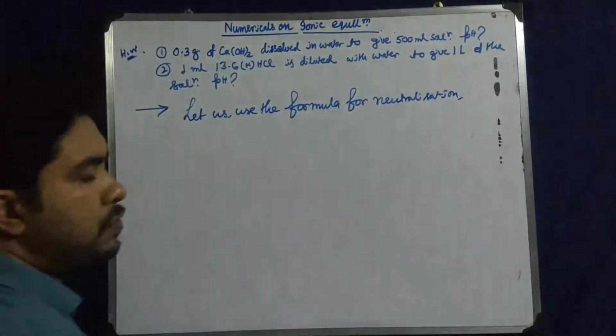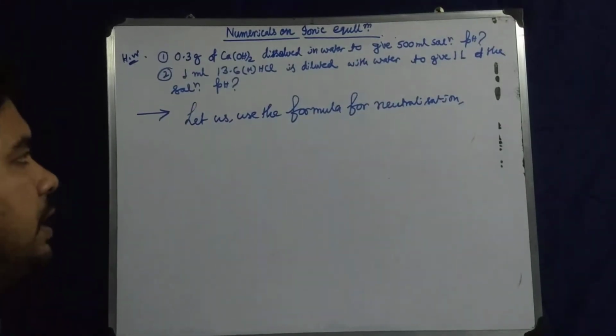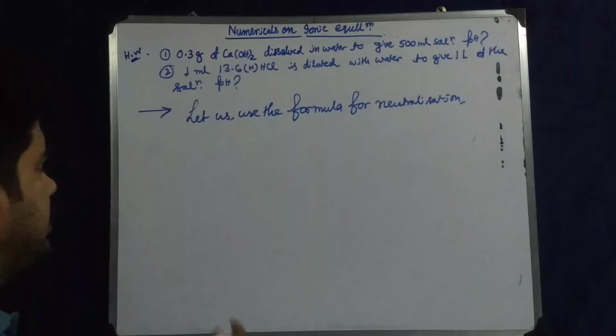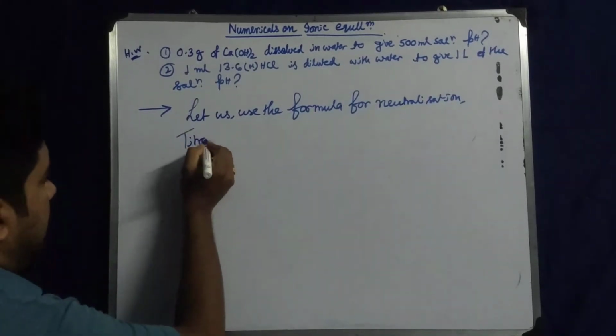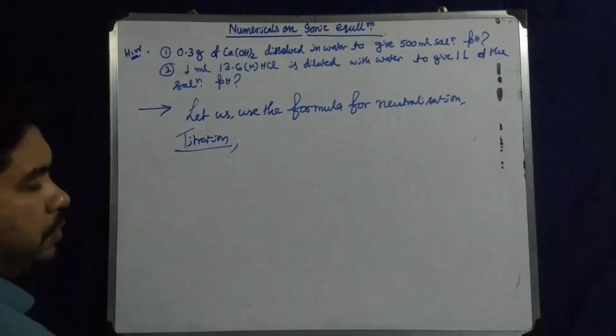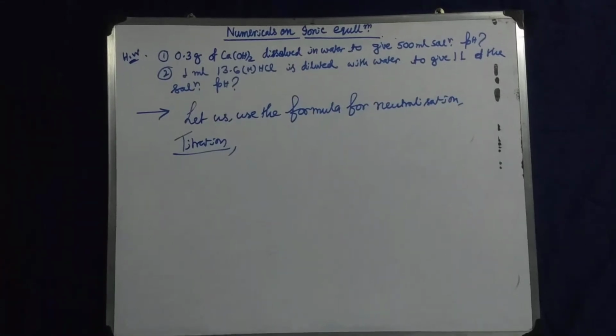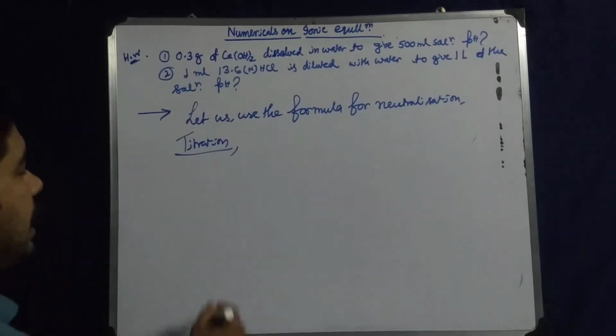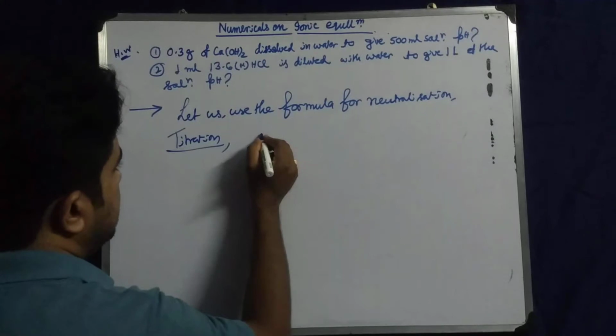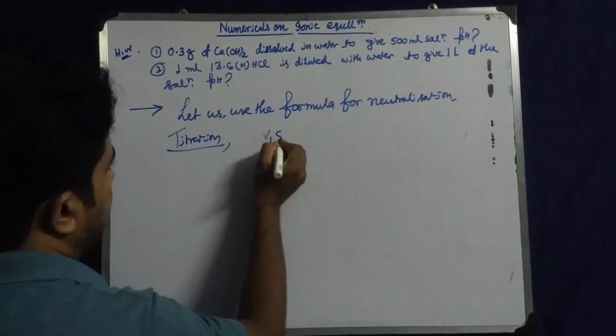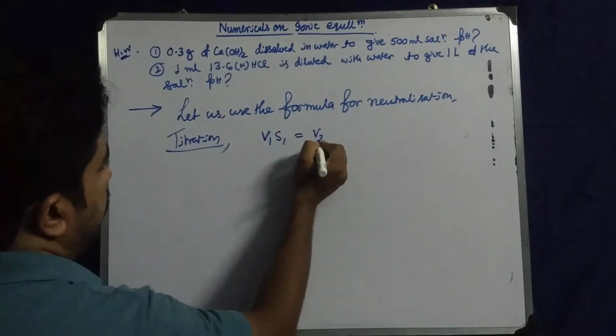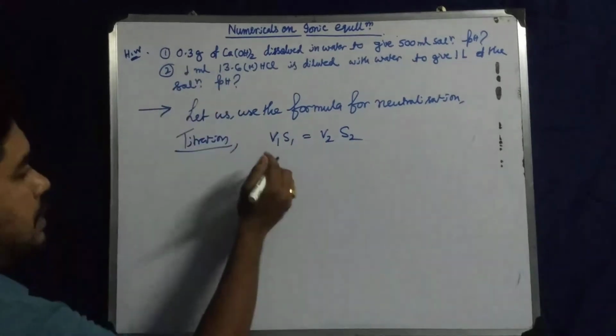What is the formula of neutralization? What I mean actually, that is the titration. For titration, we actually calculate what? The unknown strength of the solution. So what is the unknown strength over here? Suppose it is V1S1 equals V2S2.